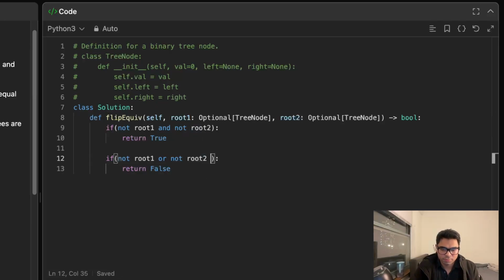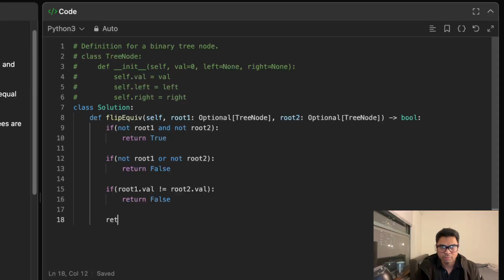I don't want to check values when the roots are none, although we will short circuit anyway. So if root1.val is not equal to root2.val, then we also return false.